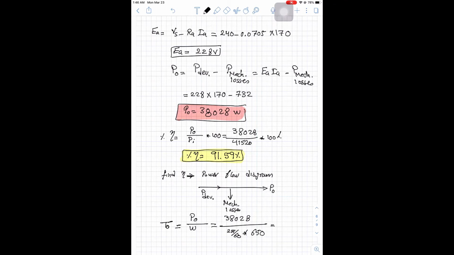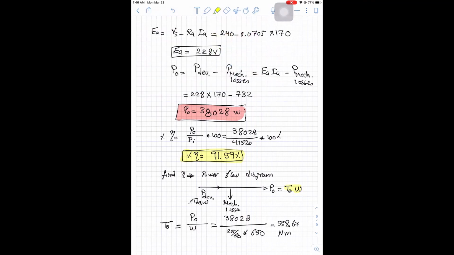So 2 pi divided by 60 multiplied by 650, and we divide the power by this value. This gives us 558.67 Newton meters. We can calculate the output torque because the output power is T output times omega. And don't forget that the developed power is T developed times omega.